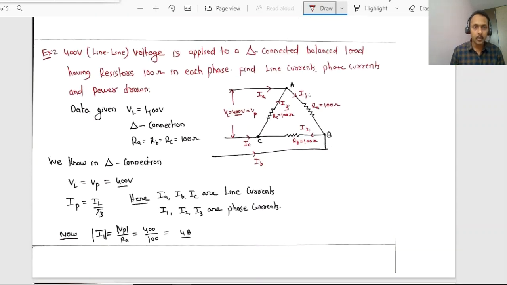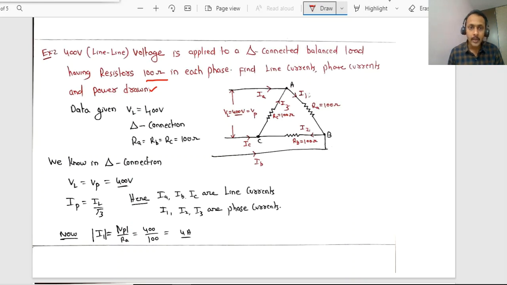In this example, a 400 volt supply is applied to a delta connected balanced load having resistors of 100 ohm in each phase. Find line current, phase current and power drawn. First, let me draw the delta connected balanced load.